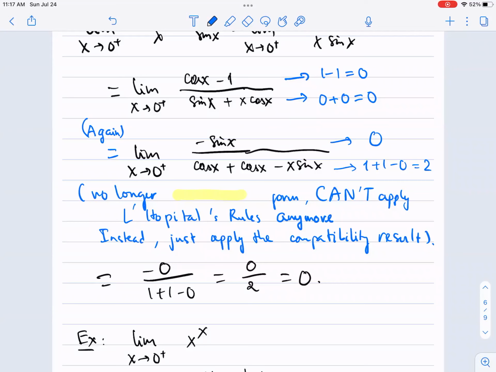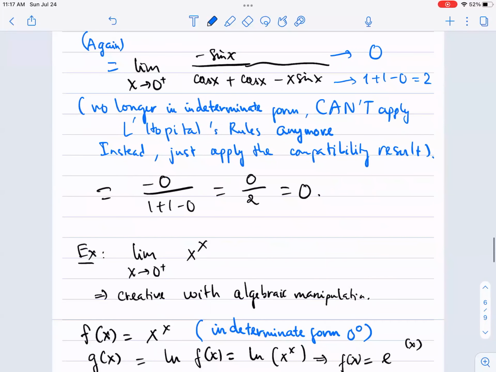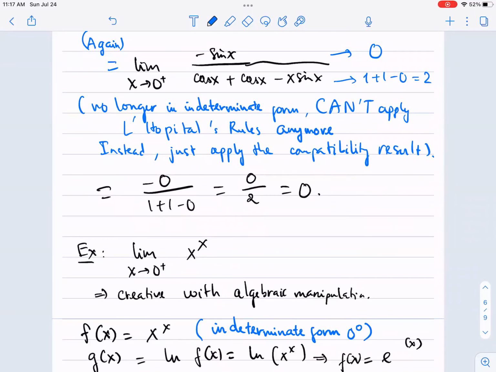So this expression is no longer an indeterminate form, and we can't apply the L'Hopital rule anymore. Instead, we just apply the arithmetic of limits to deduce that the limit equals minus 0 divided by 1 plus 1 minus 0, which is 0 divided by 2, which is equal to 0.